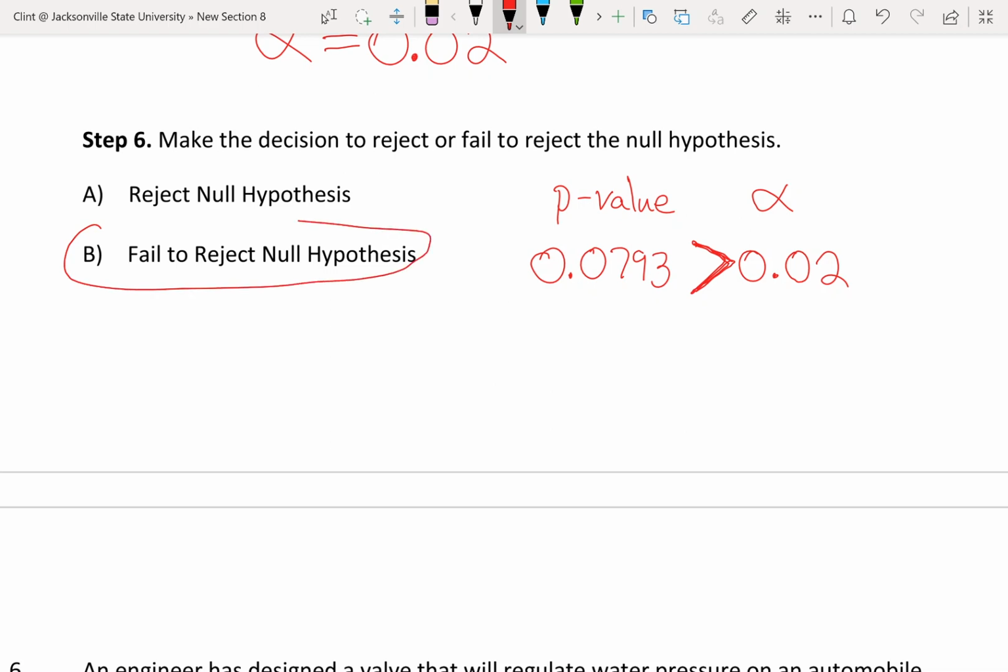Yeah, if our p-value is too big, we fail to reject the null hypothesis. If our p-value is low, that's when we reject the null hypothesis, if our p-value is smaller than or equal to alpha. Questions on any of those steps? Okay. All right then. That's one down.